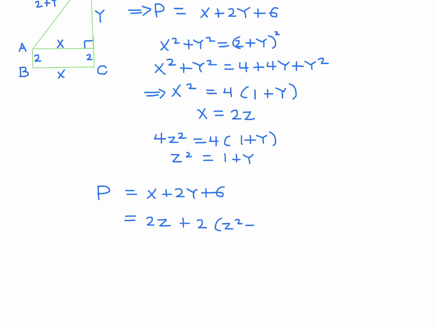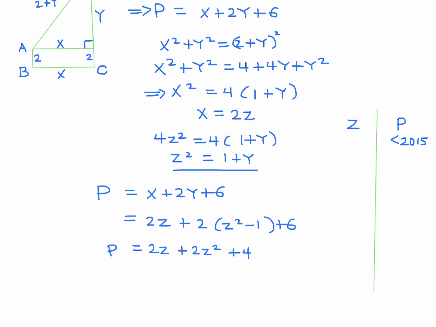Y is z squared minus 1, according to that, plus 6. So this becomes 2z plus 2z squared minus 2 plus 6, which is 2z squared plus 2z plus 4. And that's the perimeter. Now what we do is we make a little table of z and p. And remember, p has to be less than 2015.